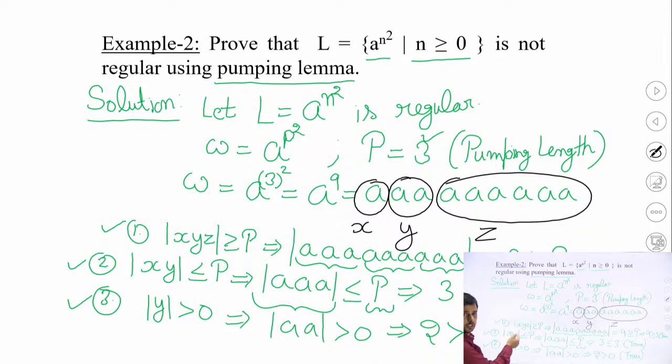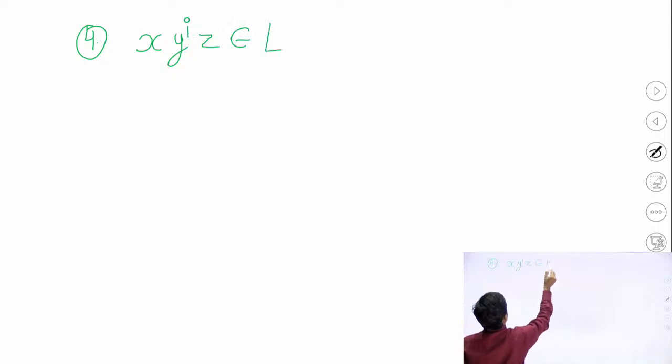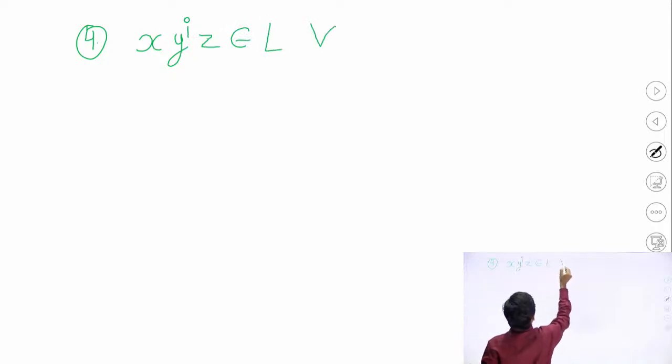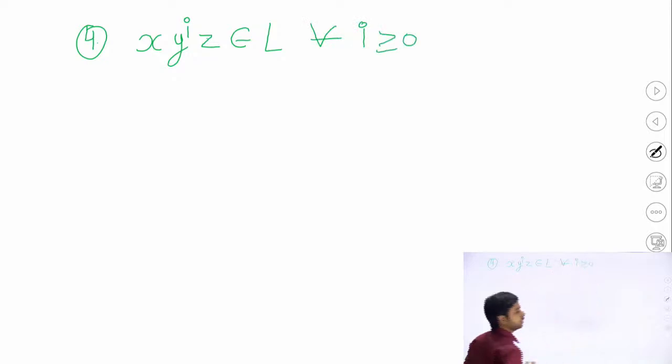So see the first condition, mod of x, y, z greater than or equal to p; x, y less than or equal to p; and mod of y greater than 0. These three conditions are true. Now let's check the fourth condition: x, y raised to power i, z belongs to L for all i greater than or equal to 0.